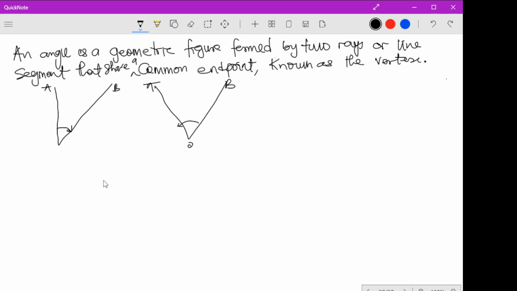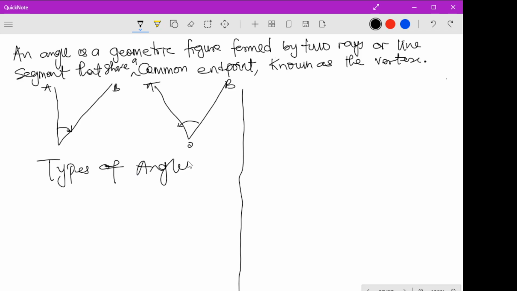So let's now talk about the types of angles. The number one type of angle is the acute angle. What do you really understand by an acute angle?